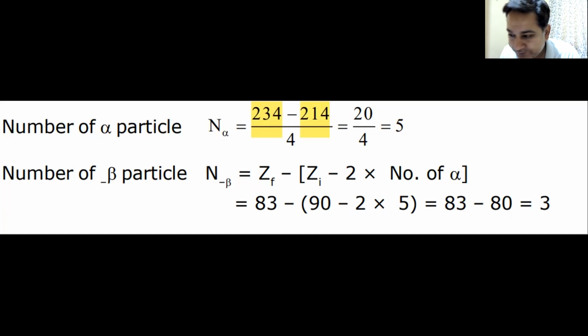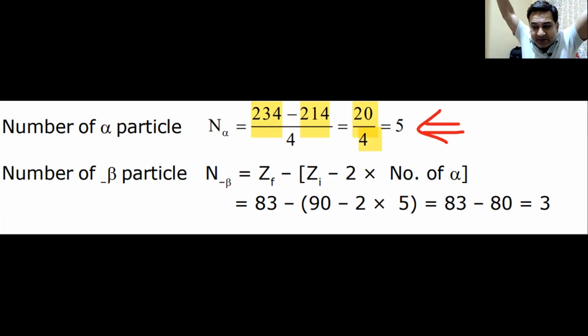When you emit one alpha particle, how much does the mass number change? It changes by 4. Here it is changing by 20. 20 divided by 4. So the number of alpha particles would be 5.